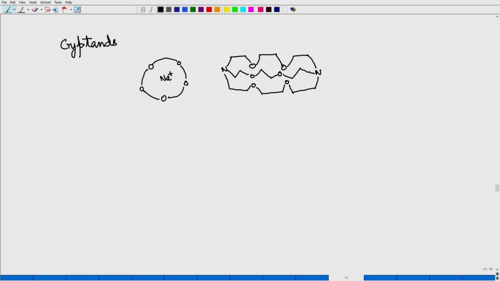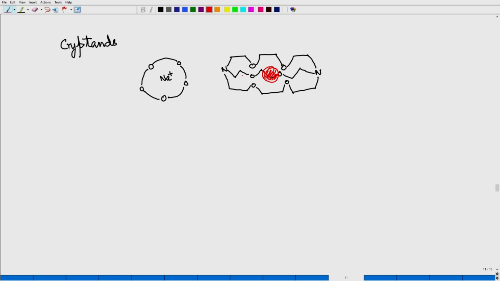So, he said that if we have a molecule like this, then I can put a metal ion inside, and it is completely surrounded from all directions. So, the metal ion is now isolated inside the cavity of this molecule.